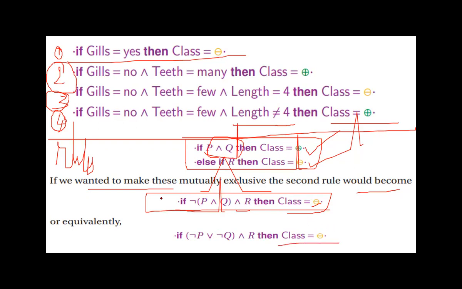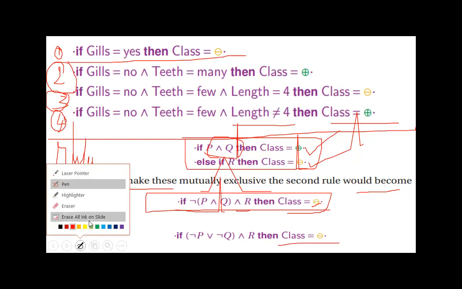This is how a single rule which has an else part can be converted into a rules list.